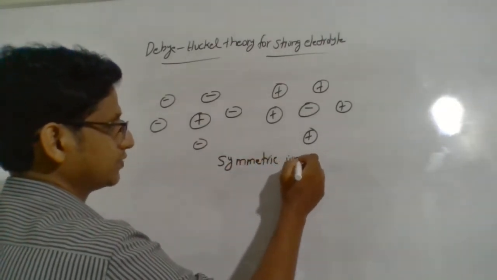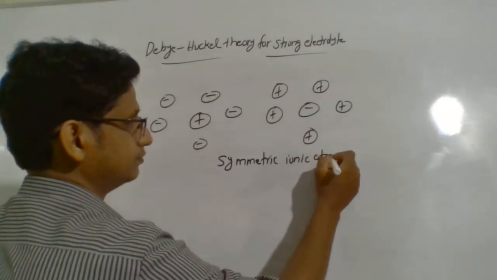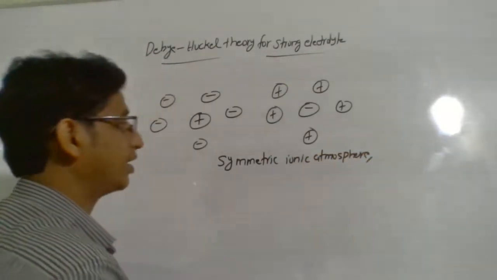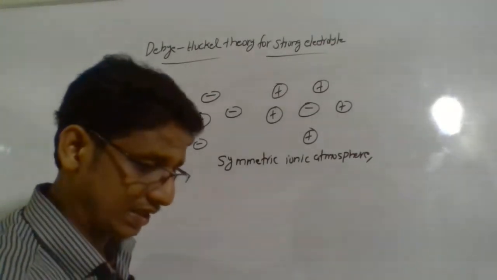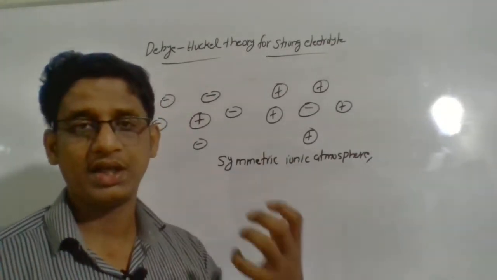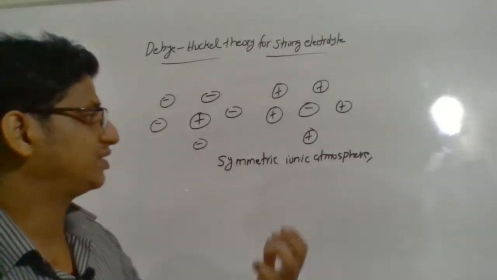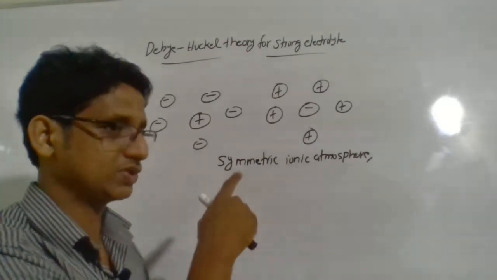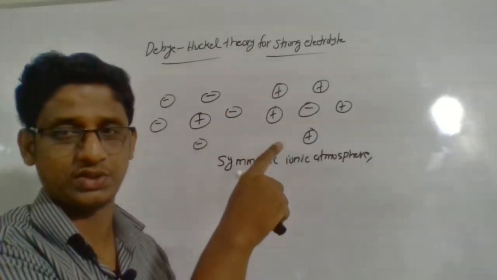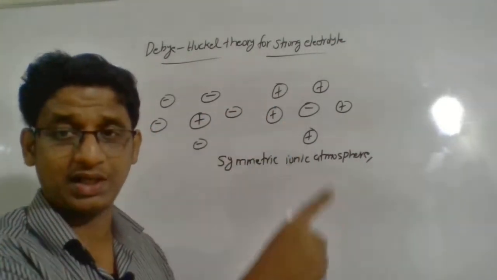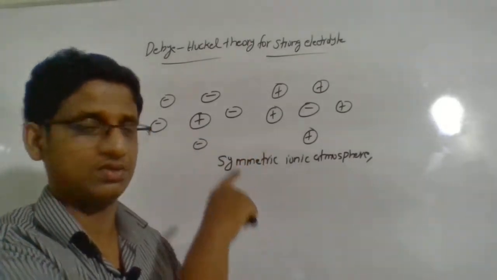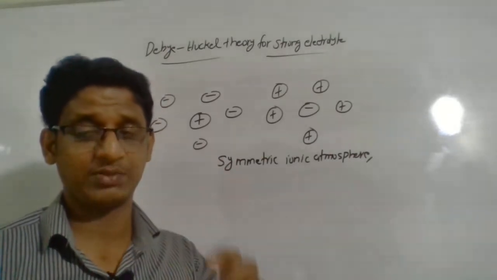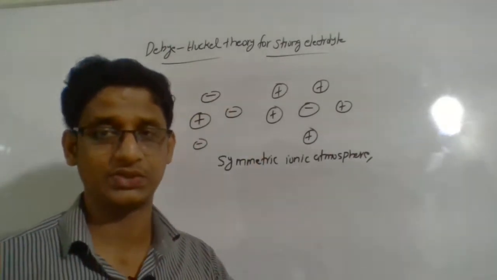symmetric ionic atmosphere. What does it mean? Symmetric ionic atmosphere means one particular ion is surrounded by oppositely charged ions, which always influence its movement. One positively charged ion is surrounded by negatively charged ions, and negatively charged ions are symmetrically surrounded by positively charged ions. That atmosphere we call the ionic atmosphere. This ionic atmosphere exists in the aqueous solution.